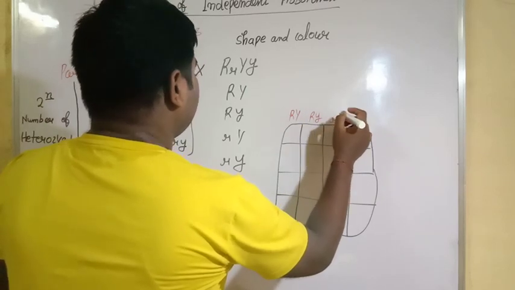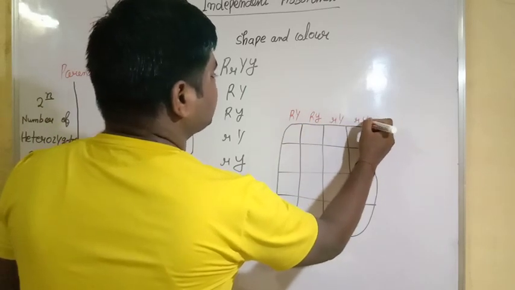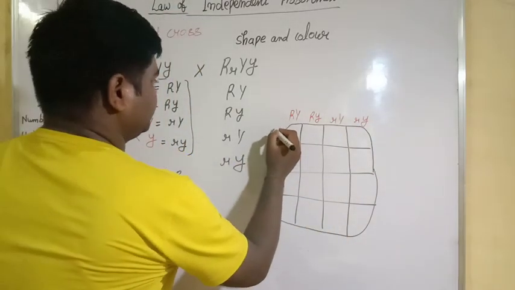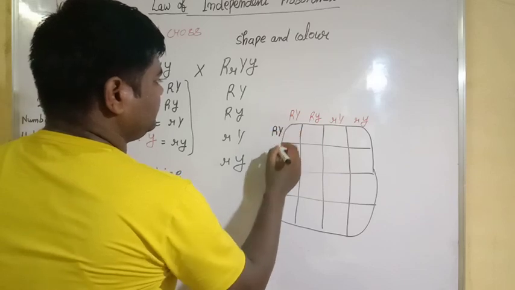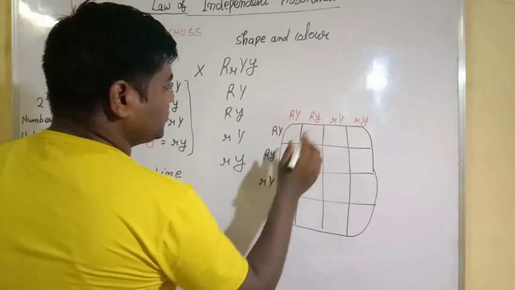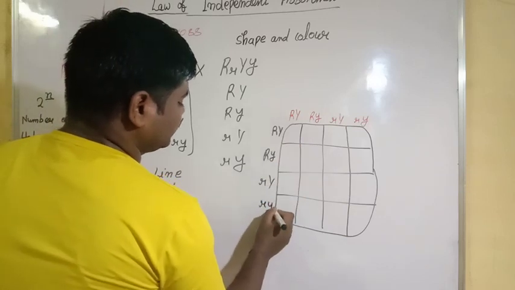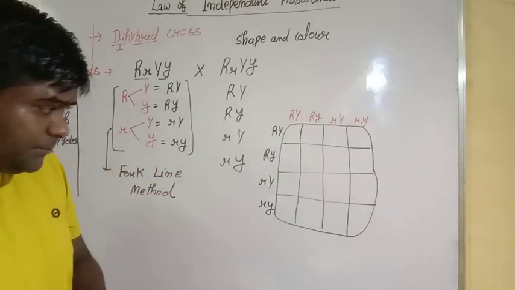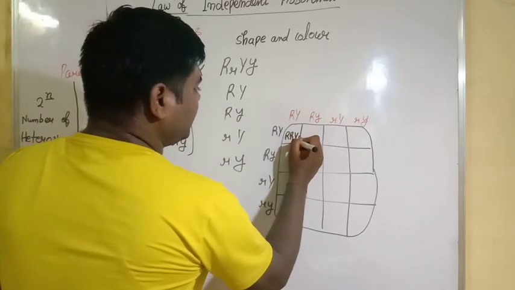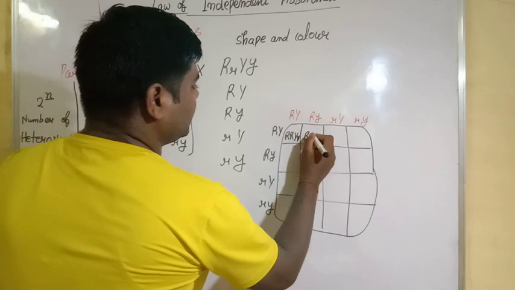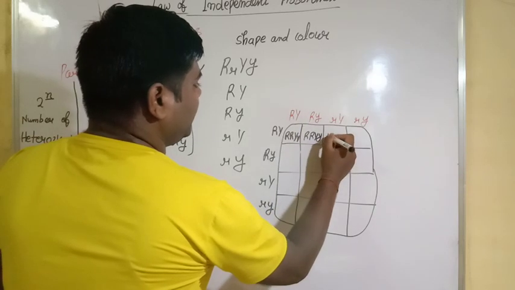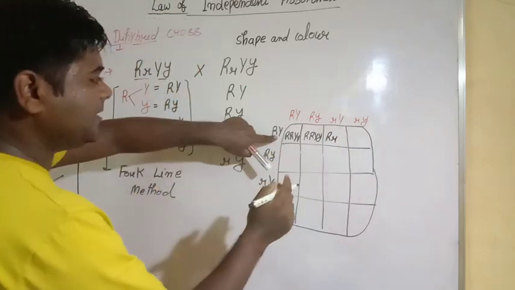Don't be confused between capital and small letters, because it is very important. Two characters are together. My dear students, try to focus. See here, now we have to match capital R, capital R, capital Y, then we have this one. Able to understand?